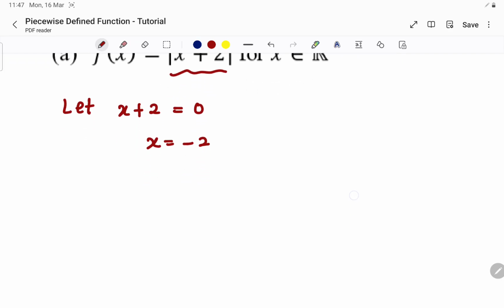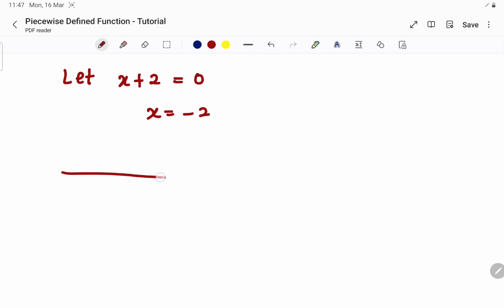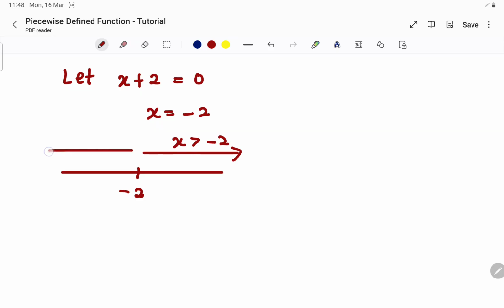Imagine you have a number line, and you put negative 2 in between. So you're going to have two ranges: one is x greater than negative 2, another one is x less than negative 2.